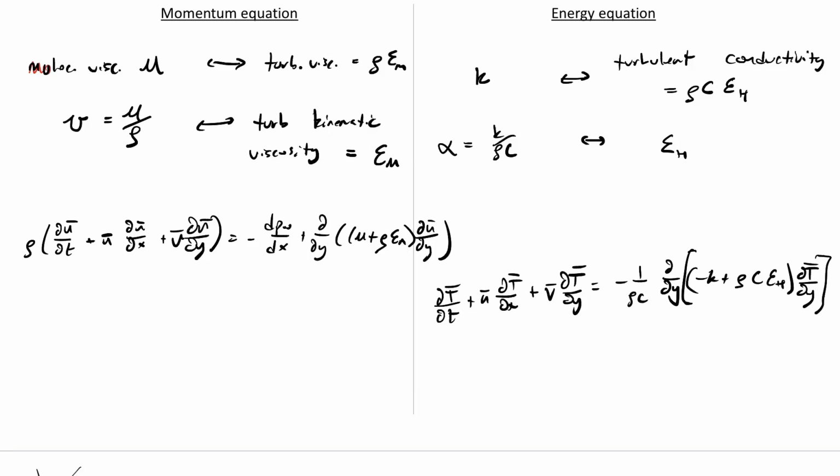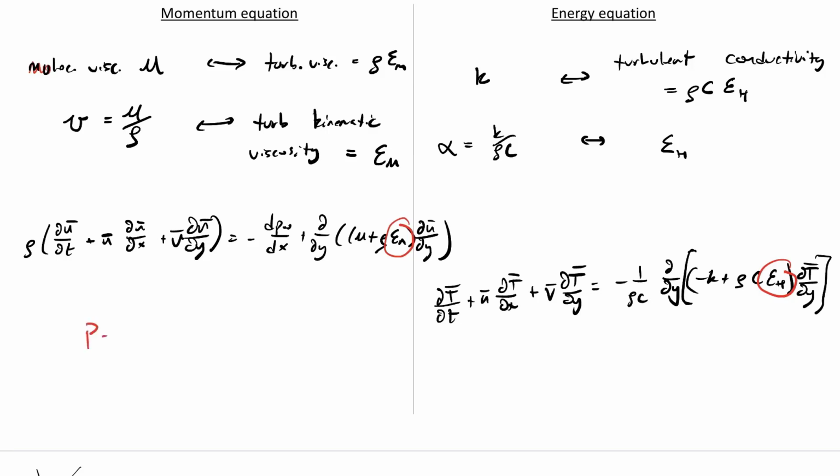One thing I do want to point out is we've made a distinction so far between this epsilon m and this epsilon h. If we think about what's happening, epsilon m is something like the kinematic viscosity. Epsilon h is something like the thermal diffusivity. Well, what is that?